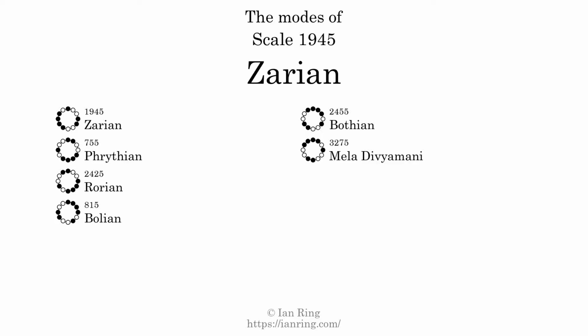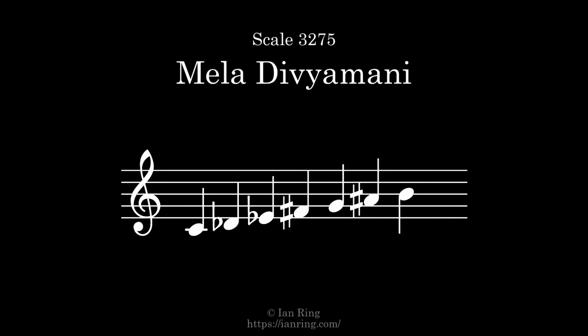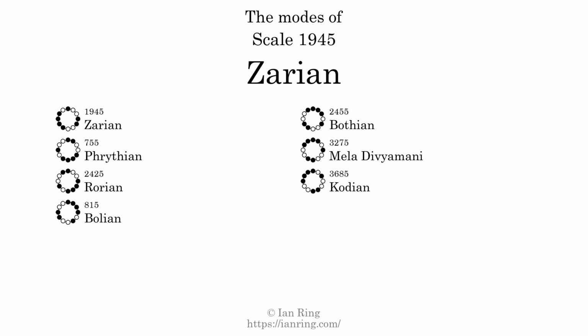The sixth mode is scale 3275, also known as Melodiamine. It sounds like this. The seventh and last mode is scale 3685, also known as Codian. It sounds like this.